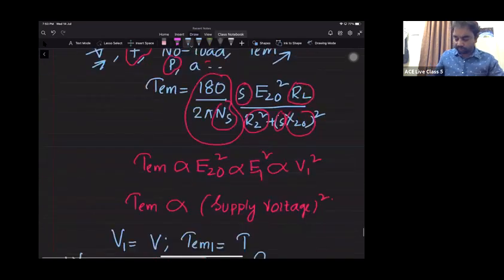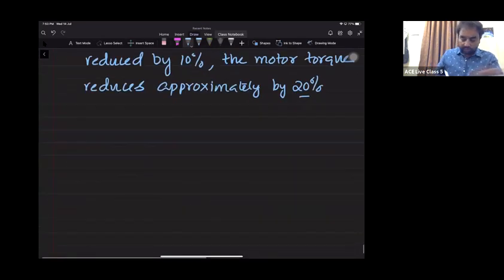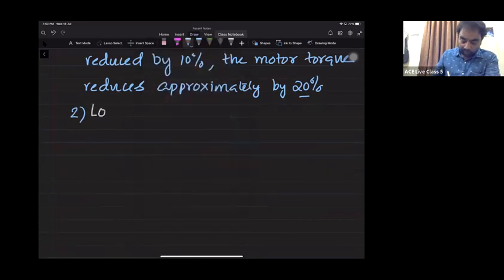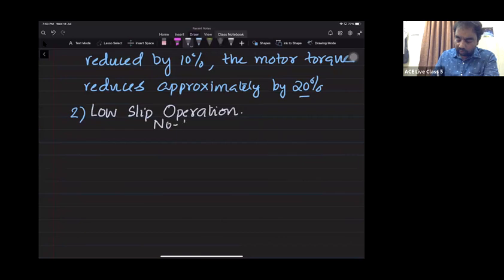The second point is low slip operations. Low slip operation we also call no load operation. Why? Because during no load, the speed will be closer to Ns.